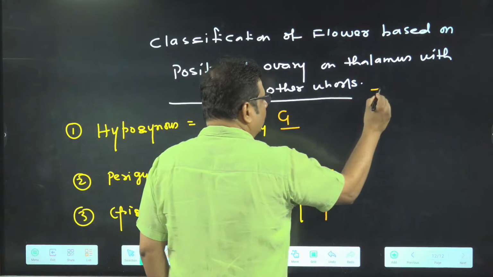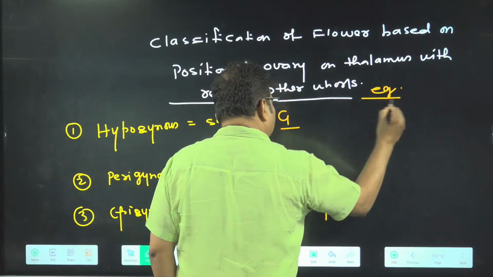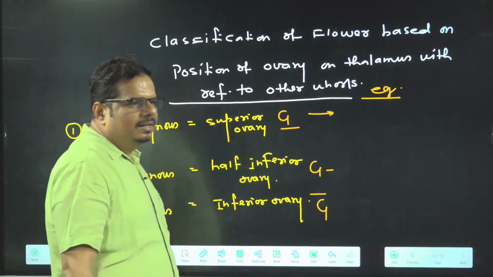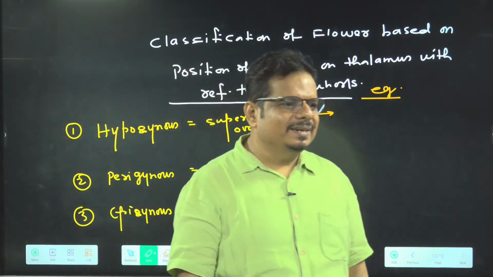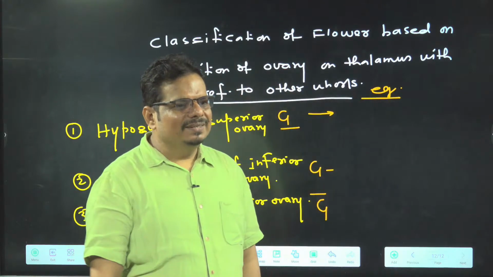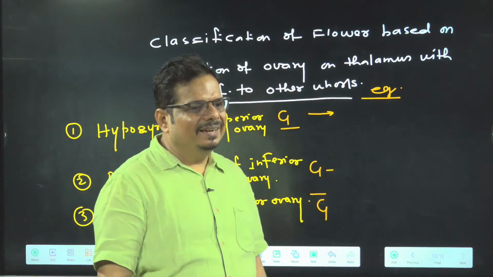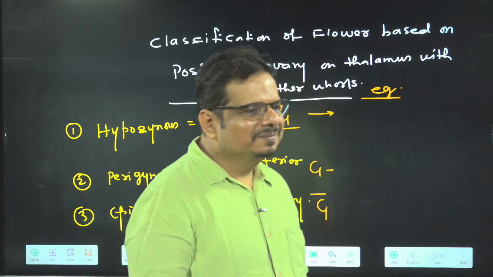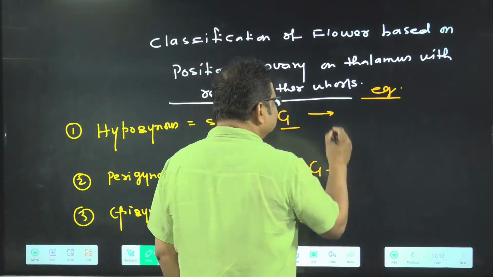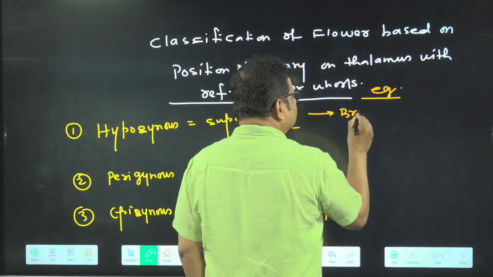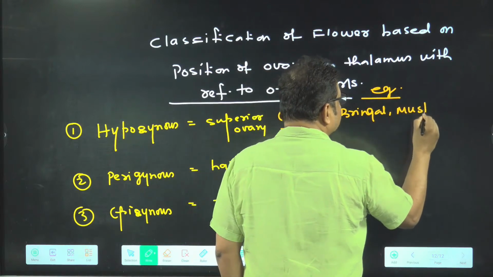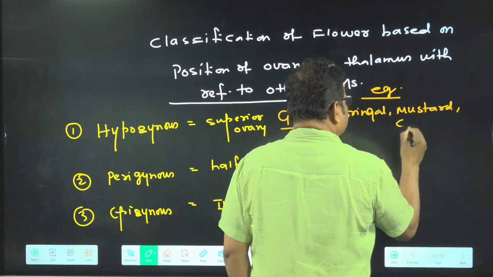Now, your turn is coming. Don't look at NCERT and tell me the examples. For a hypogynous flower, what examples are mentioned in NCERT? Brinjal, mustard, and China rose. Very good. Brinjal, mustard, and China rose.